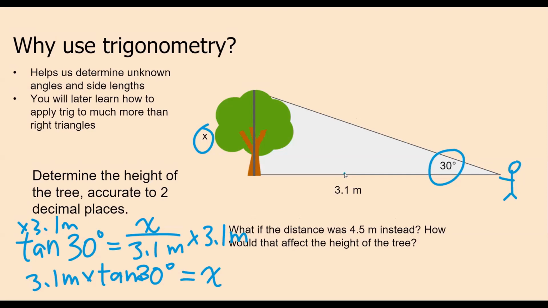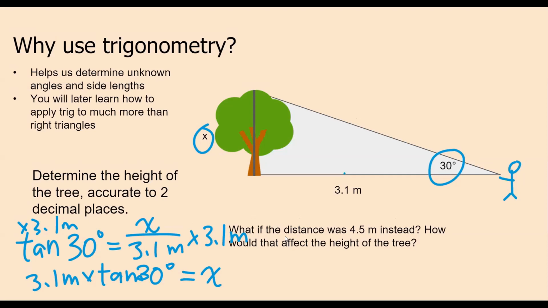So I'm going to put in 3.1 times, by the way, this is what shows up on the screen. If you have a graphing calculator, you can try it out for yourself. So 3.1 times the tan of 30, and we're going to enter.